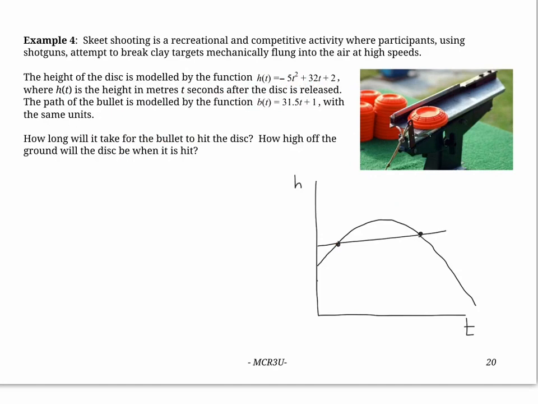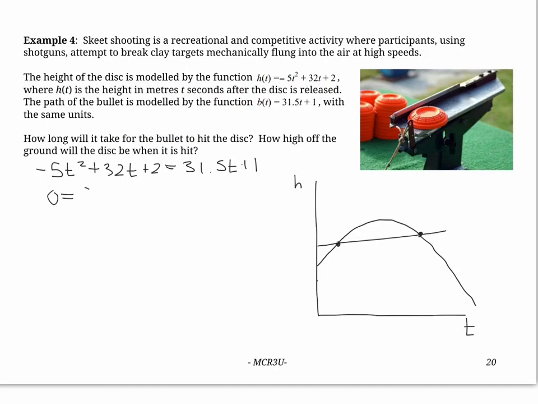We have these 2 equations, and if we want to see when they're equal to each other, all we have to do is set them equal to each other. So we're going to take our disc equation, our quadratic, set it equal to our linear equation and solve it. I'm going to bring everything to the right side.